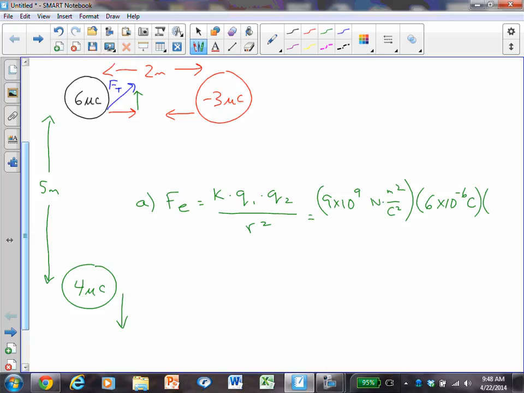But we don't need it here for magnitude. We use the plus and the minus to tell us that this green one is headed up. So that can be a confusing point. So this is 4 times 10 to the minus 6 coulombs divided by the distance between them, 5 meters squared.